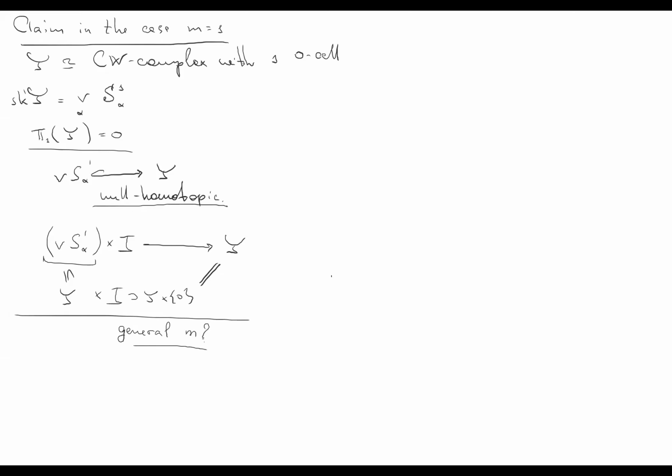Inductively, we know that we can take Y to have one 0 cell and no 1, 2, ..., m-1 cells. So its m skeleton has to be a wedge of m spheres. So I'll write it down: the m-skeleton of Y is just a wedge of m spheres.